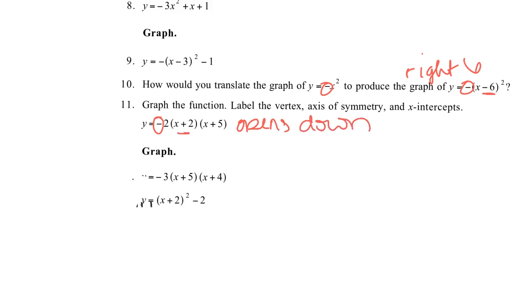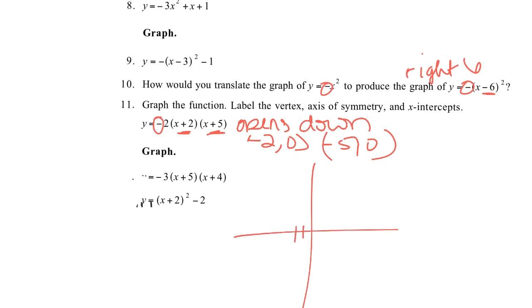We have intercepts at (-2, 0) and (-5, 0). So that right there, (-2, 0), (-5, 0), it's going to open down. Halfway between -2 and -5 is -3.5. So your vertex is at -3.5, because that's the halfway point.